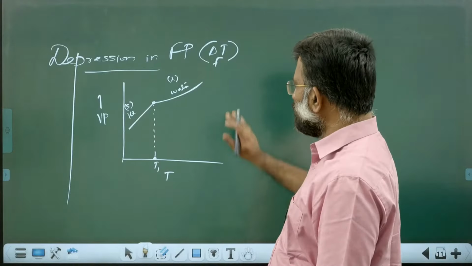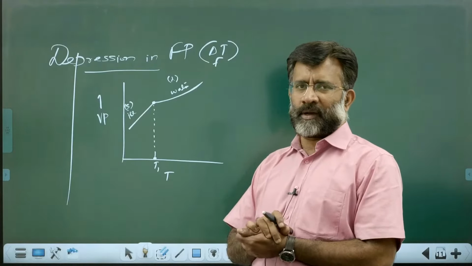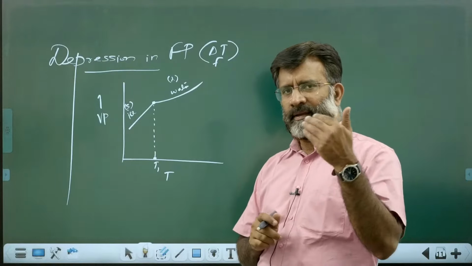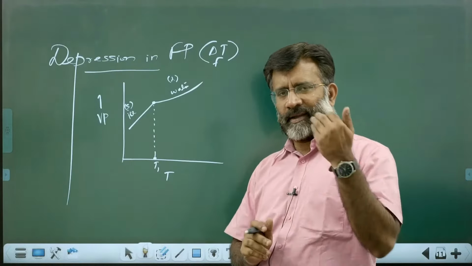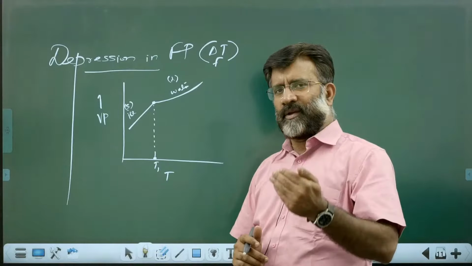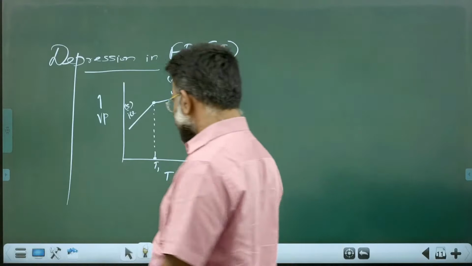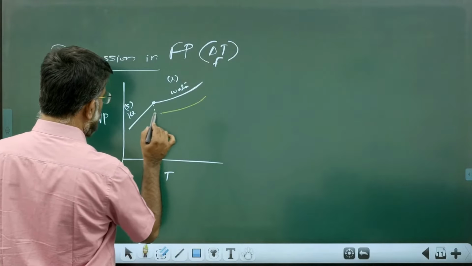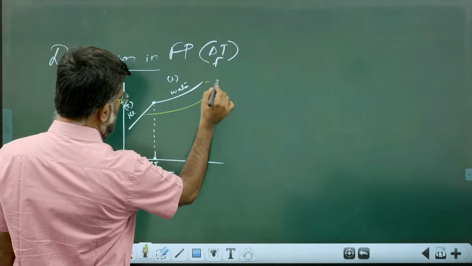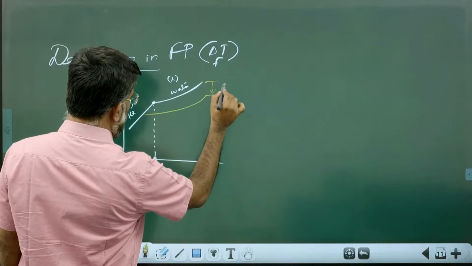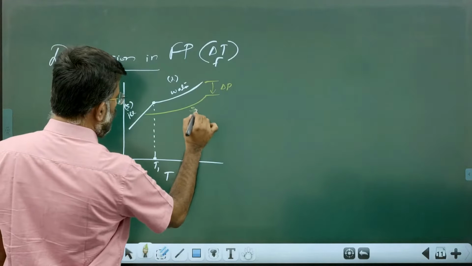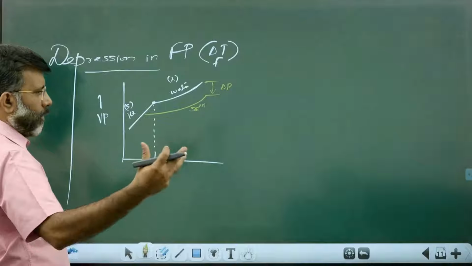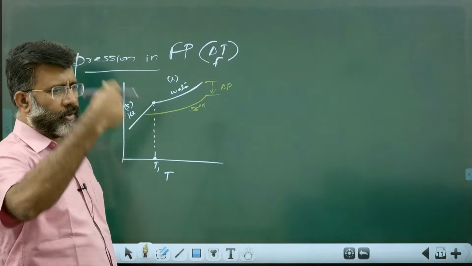Now, imagine we are adding sugar, urea, or glucose to this water, any non-volatile solute. What will be the new graph? The new graph will be like this, with a lowering of vapor pressure. This is the solution.